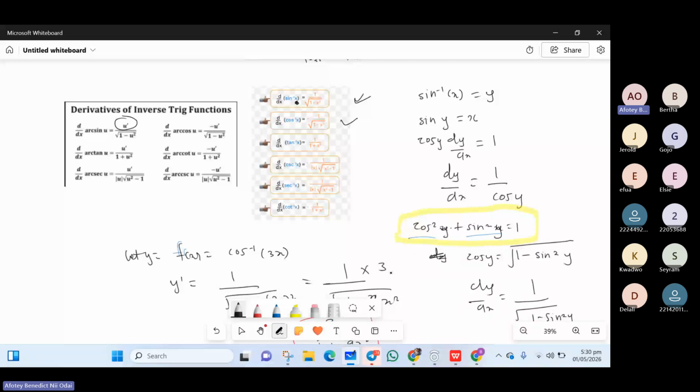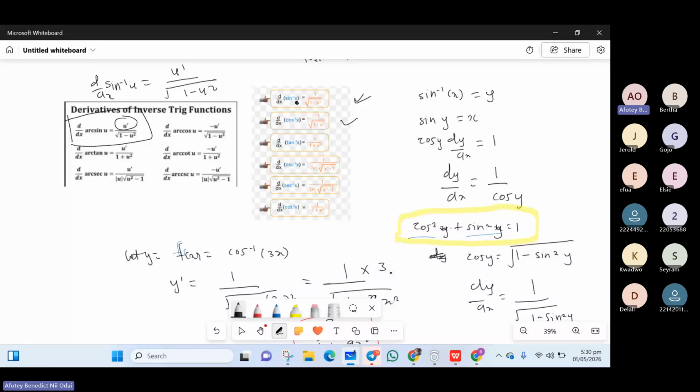These ones are strictly formulas, right? So once you have the derivative of, let's say, sine inverse of u, it is basically equal to u prime on the square root of 1 minus u squared.